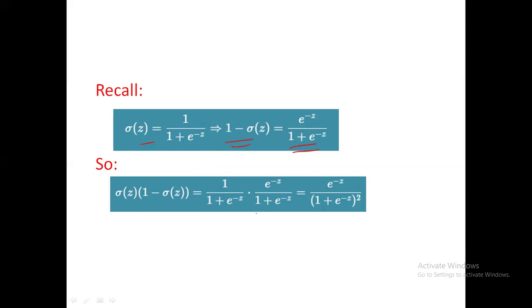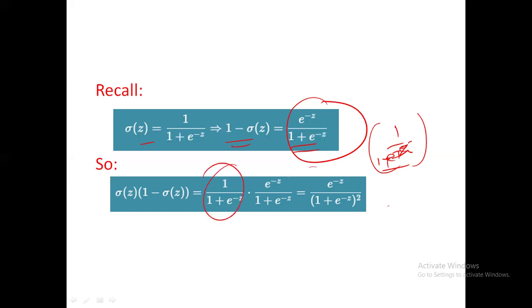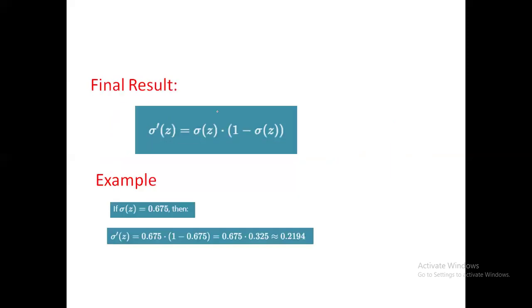So if you are substituting all those values, we can separate this, and we can write it as sigma z into 1 minus sigma z.